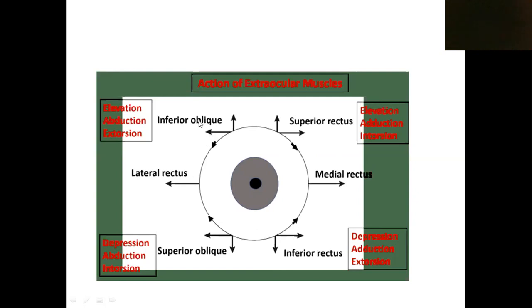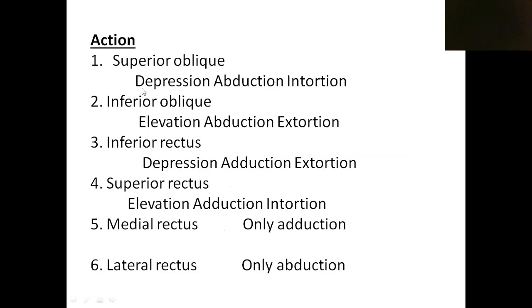Now we'll see the superior and inferior oblique muscles. Inferior oblique: elevation, abduction, extorsion. Superior oblique: depression, abduction, intorsion.